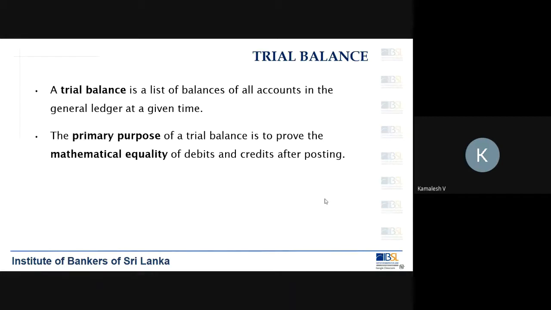So when a transaction happens, there will be a debit total and a credit total pertaining to that transaction. The totals of the debits should always agree with the total of credits. That is what the double entry principle is. When we do transactions, we will be mindful about this, right?